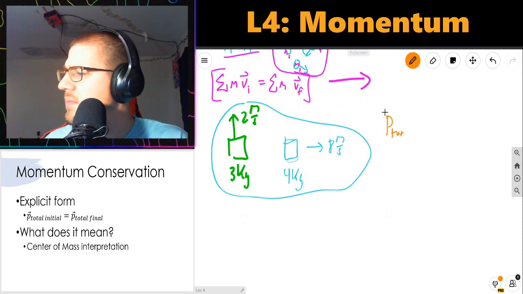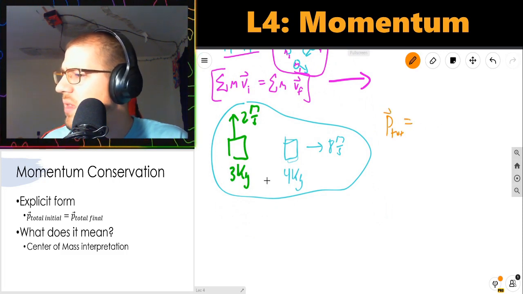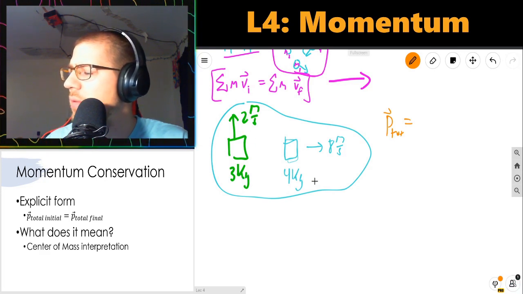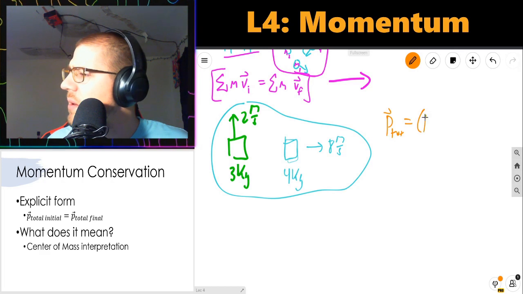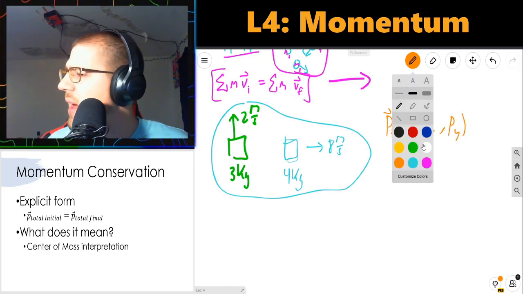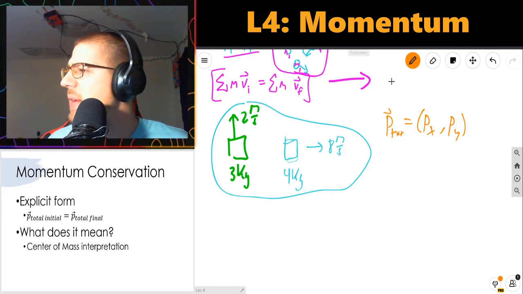momentum total, is, for the first one, it's going to be 3 kilograms and 2 meters per second. That's going to be my y component. For the second one, it's 4 kilograms and 8 meters per second. So to break it into parts, that's px and py. I think now about each of the individual momenta.